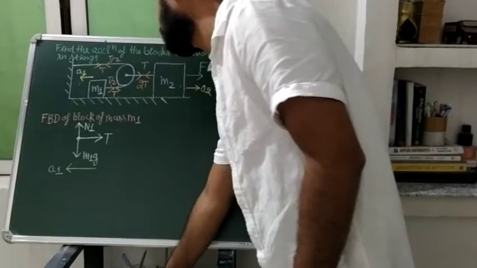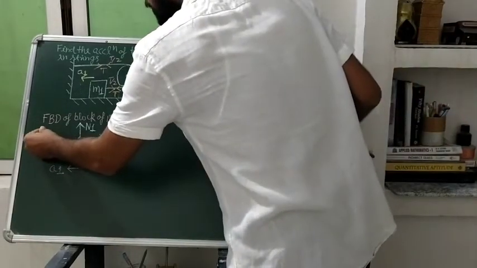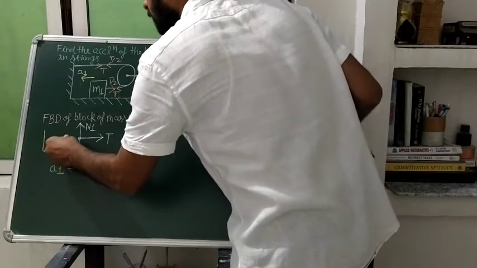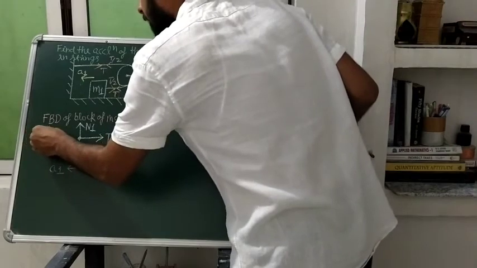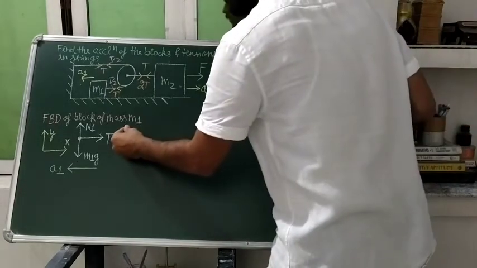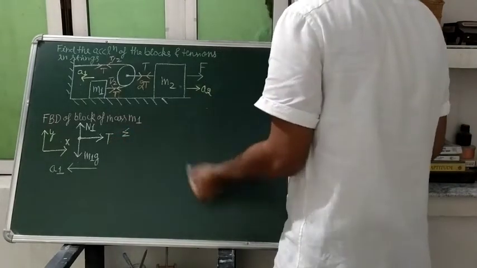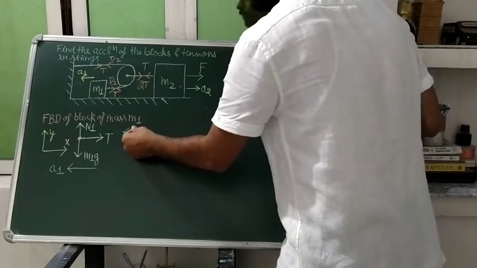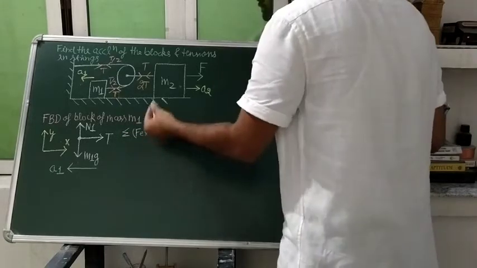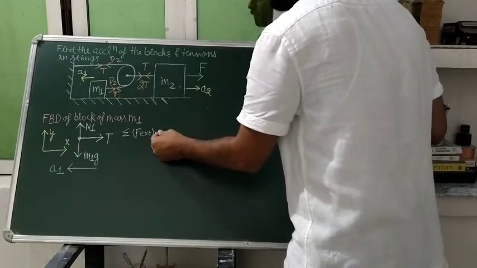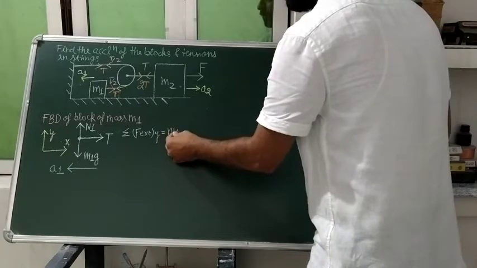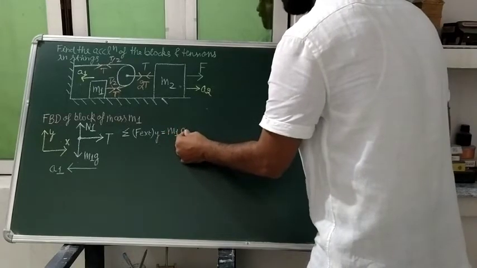Suppose this is your y-axis and this is our x-axis, your coordinate system. When you apply Newton's second law in the y direction, the vector sum of external forces in the y direction should equal mass m1 times the acceleration in the y direction.